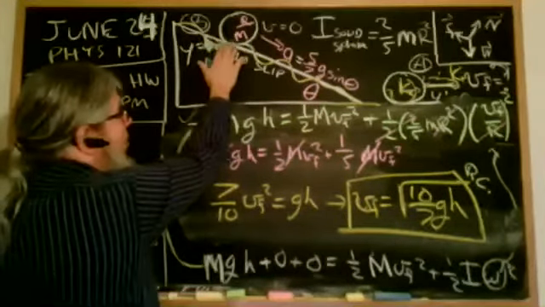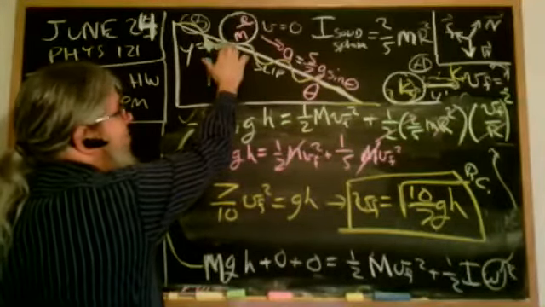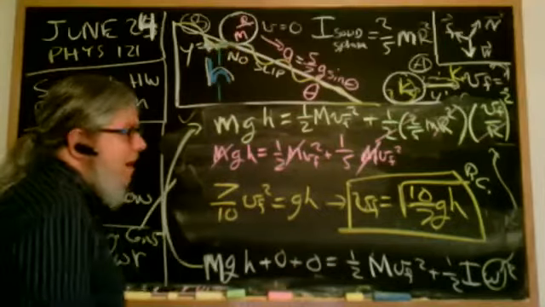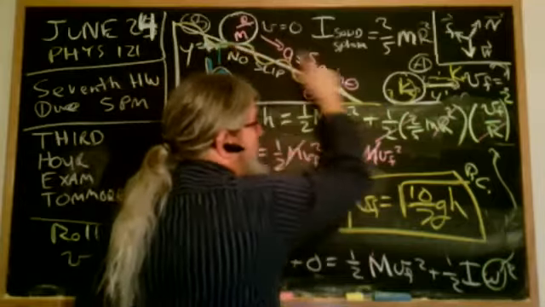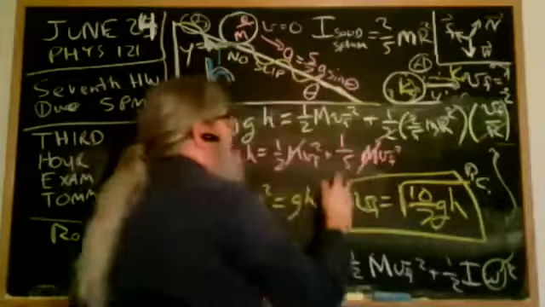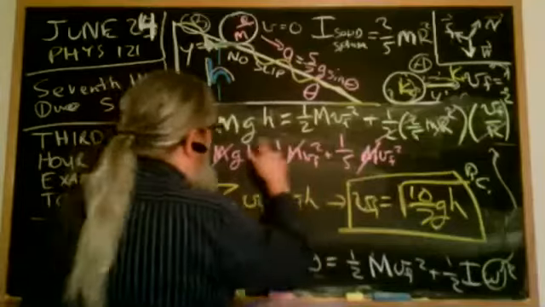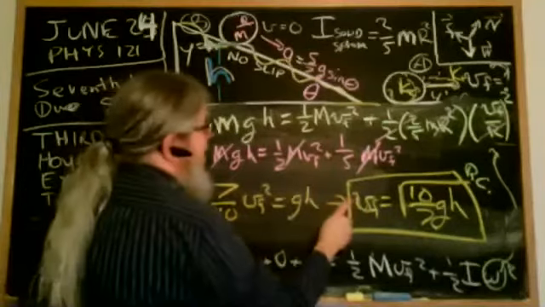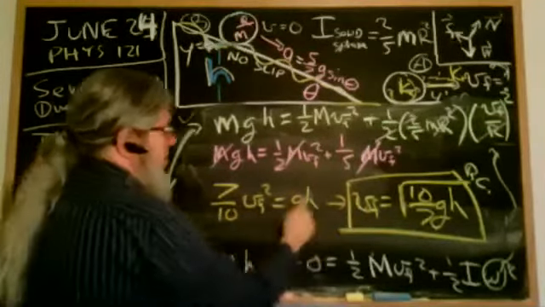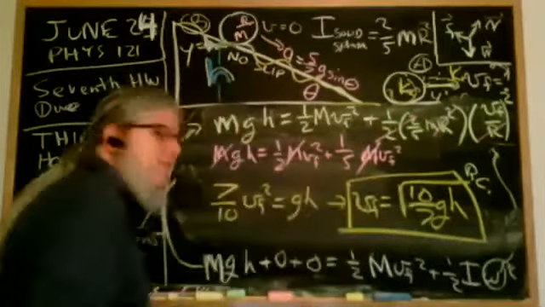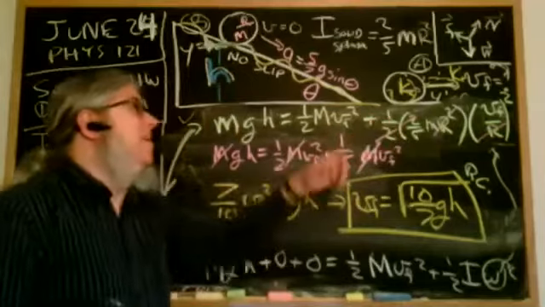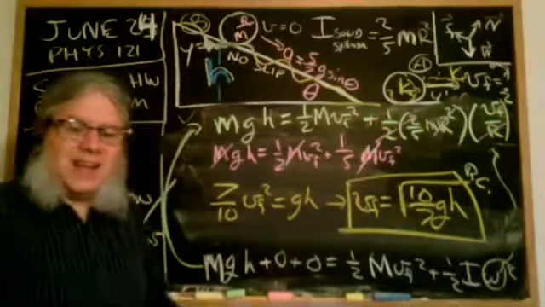It's doing no work at the point of contact, but in fact, it contributes to the rotation of the object. And so even though there's a force doing work, that work is actually encapsulated in our expanded definition of energy. So in other words, this term here corresponding to the rotational energy is now included. So as long as we include this term, we can contend with it.